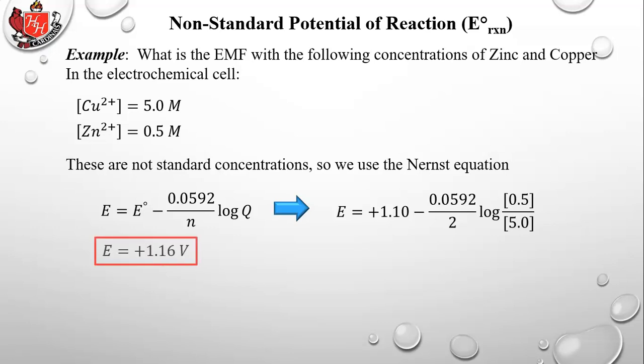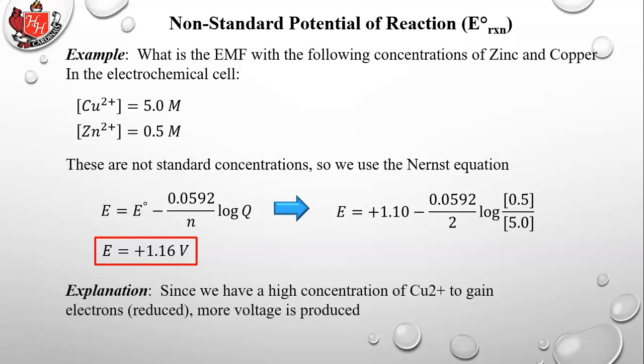Be careful, don't make a mistake. And you get that the potential now went from 1.10, which it was under standard conditions, to 1.16 volts. So why did it do that? Explanation: since we have a high concentration of Cu2+ to gain electrons, that is reduced, more voltage is produced.